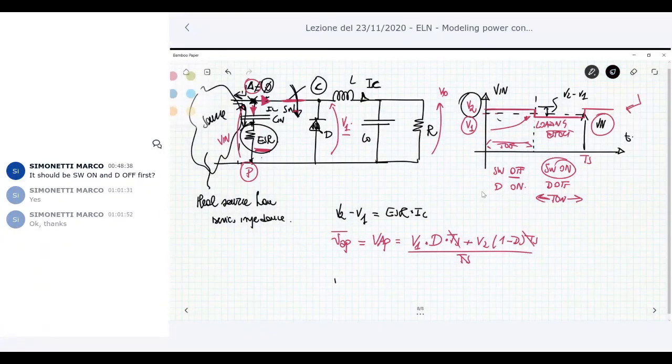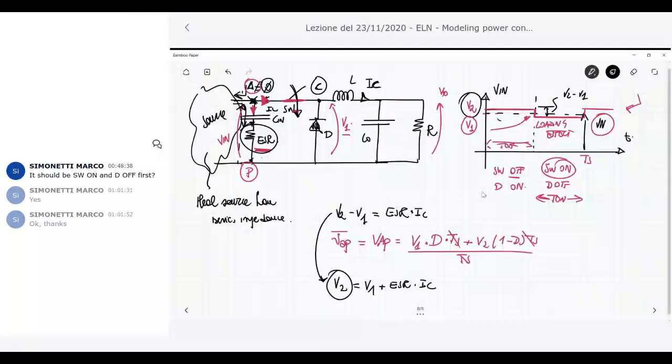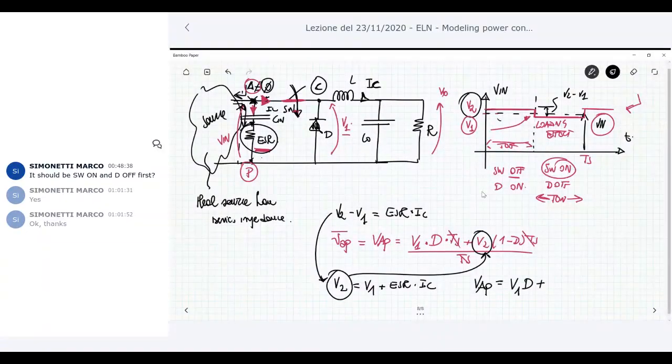Now V2 is V1 plus ESR multiplied by IC. I can use this V2 inside this equation, so VAP is V1 multiplied by D plus (V1 plus ESR IC) multiplied by 1 minus D.